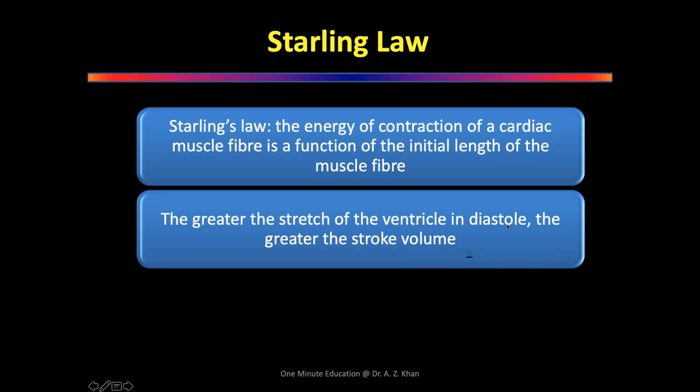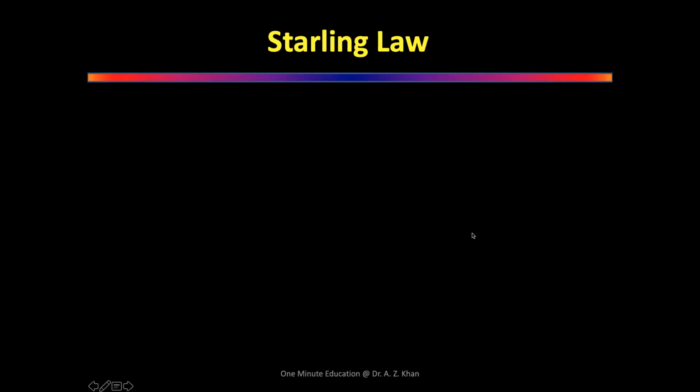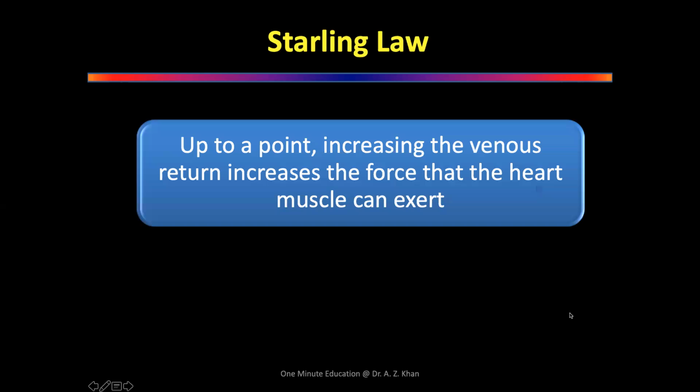Good. So it is the stroke volume that you're looking at. Fantastic. So more blood in the heart, the higher the end diastolic volume, the more the sarcomeres are stretched. And then what happens after a certain point? After a certain point, the muscle becomes refractory to this law, because it's too stretched and doesn't help, so the cardiac output and the stroke volume drops.